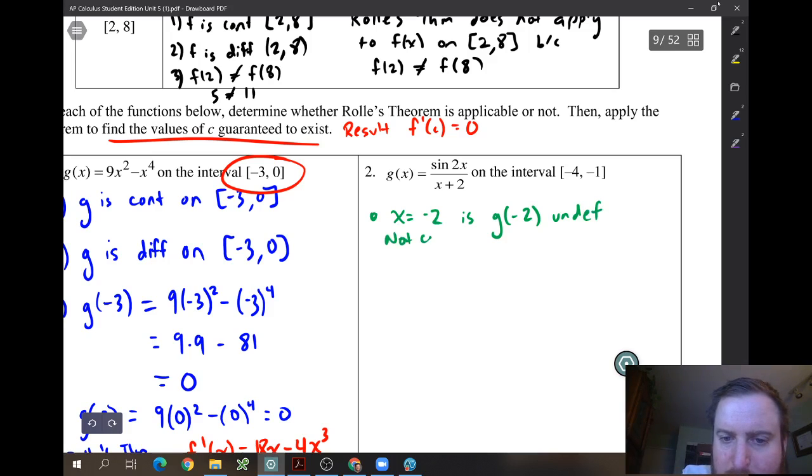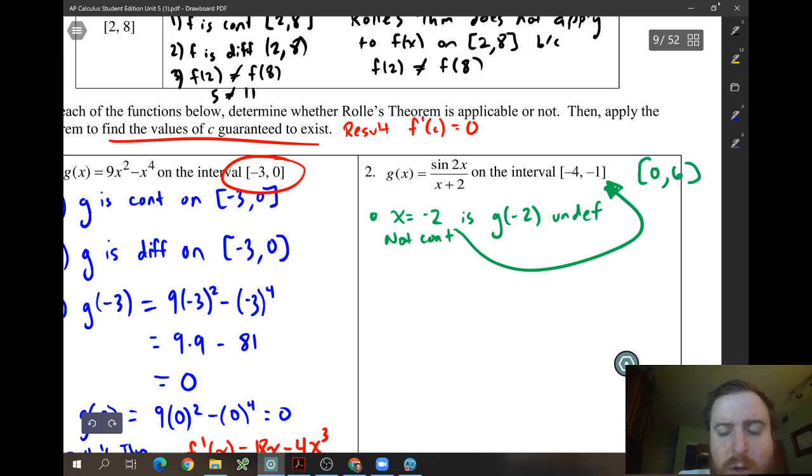If we think about our three continuity rules, g of -2, you can't plug it in. And so what you want to double check is, is -2 in this interval? Sometimes it's not. If they had said from 0 to 6, then we would have been able to do Rolle's theorem. But in this case, -2 is in between -4 and -1.